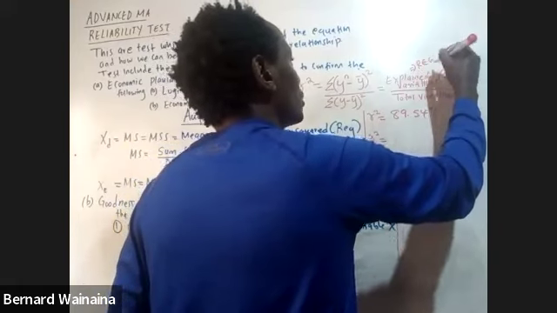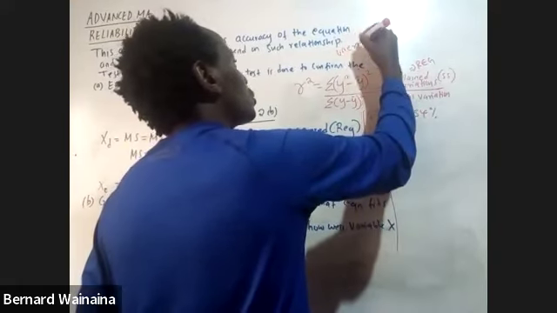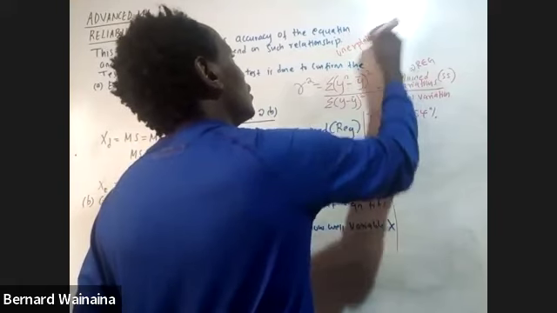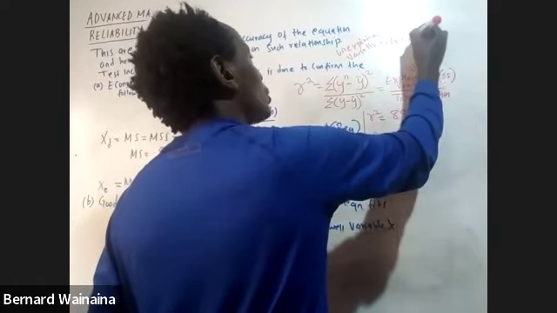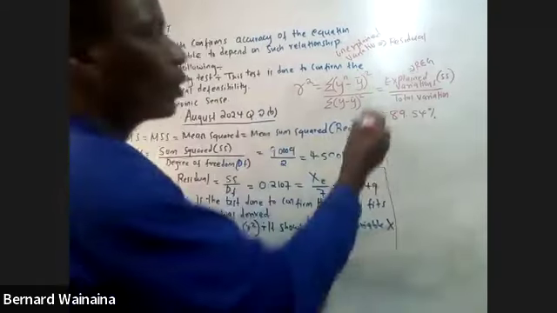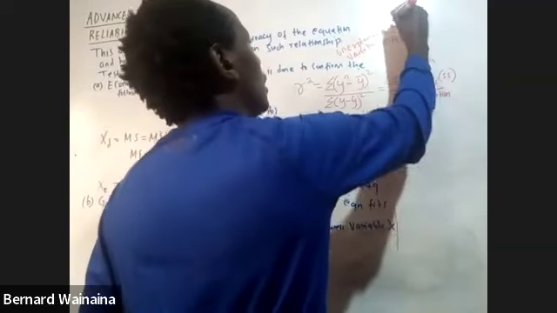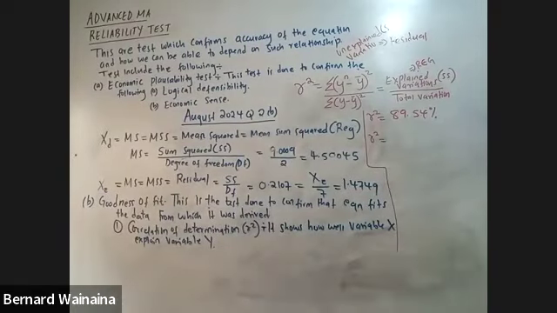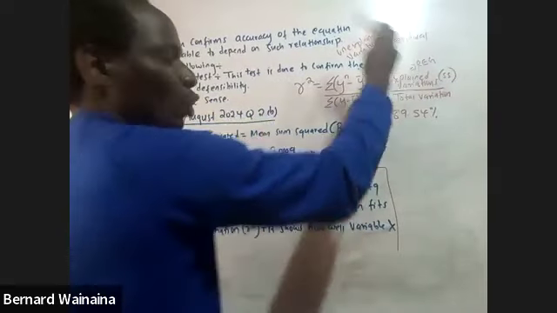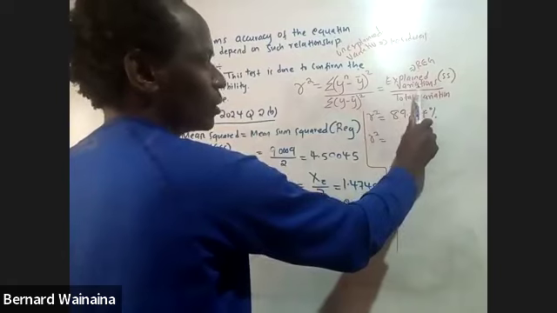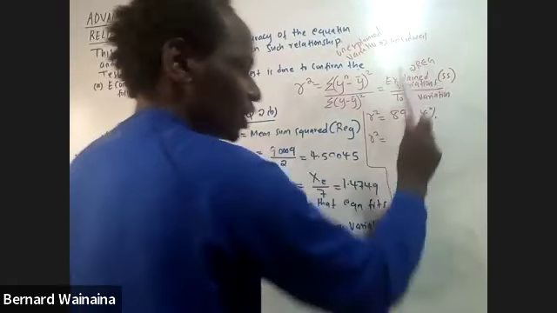But when we talk about unexplained variation, we talk about the residual. Make sure you know the difference. So unexplained variation is the SS for residual, and explained variation is the SS for regression.